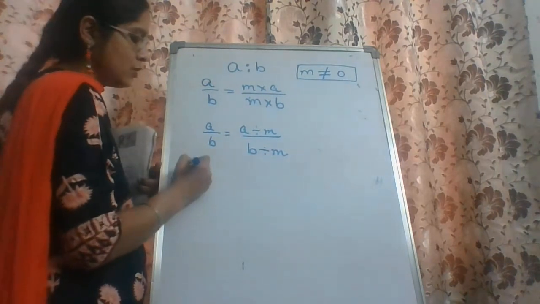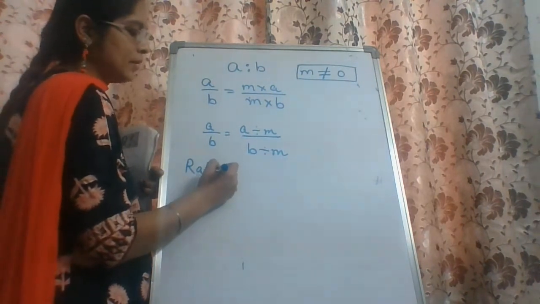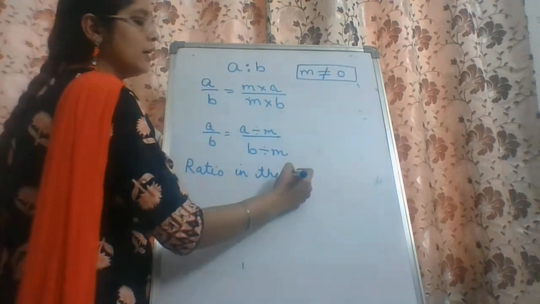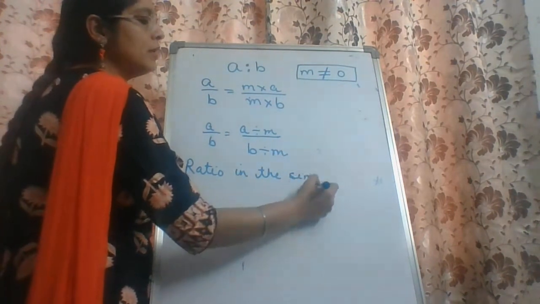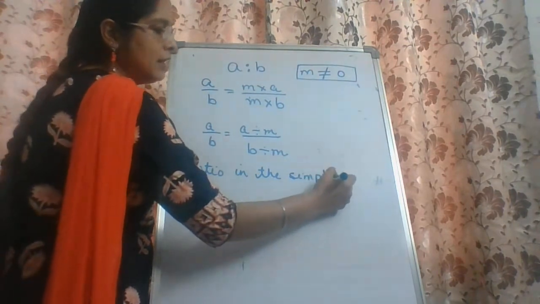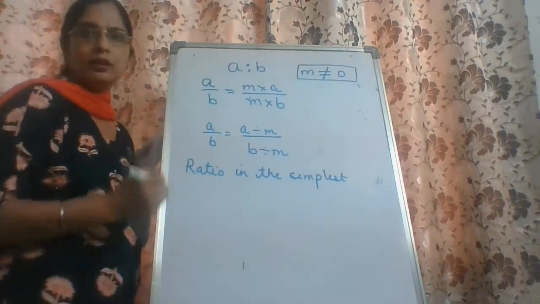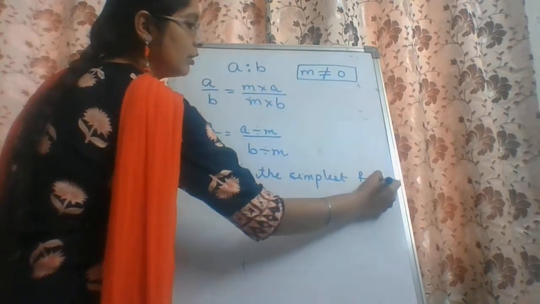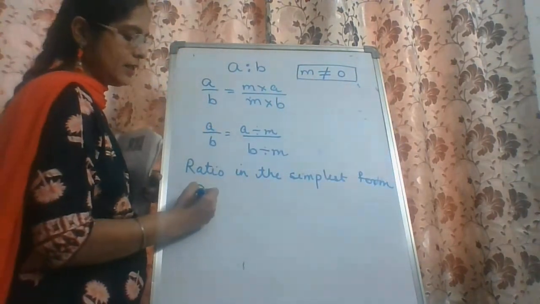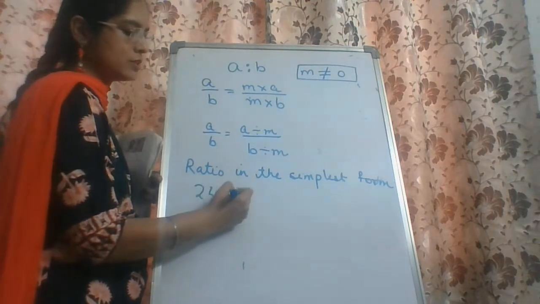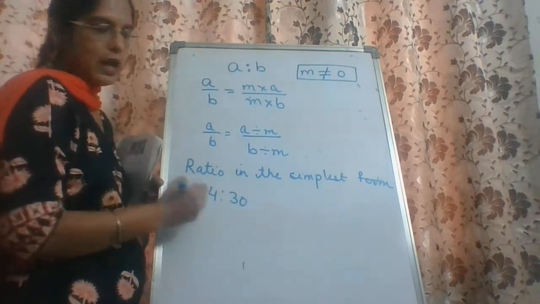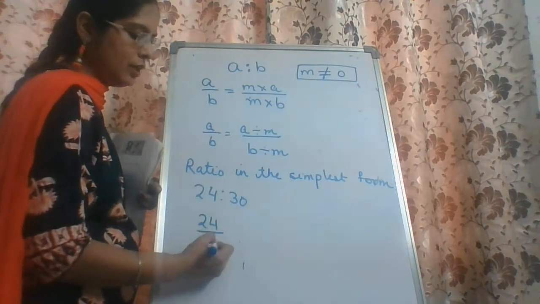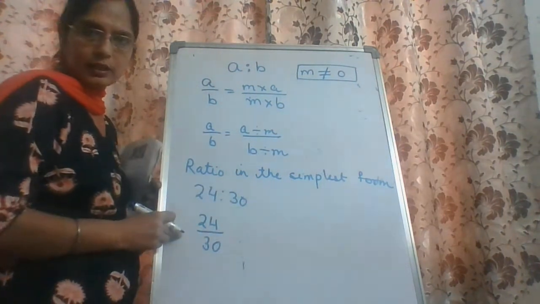Now, ratio in the simplest form. Ratio in the simplest form is the same thing as the fraction in the lowest term. Let us take any ratio. 24 is to 30. I can write it in the fraction form as 24 upon 30.